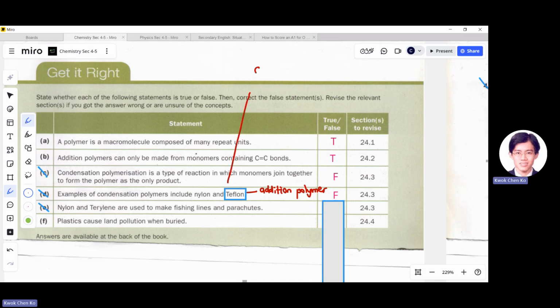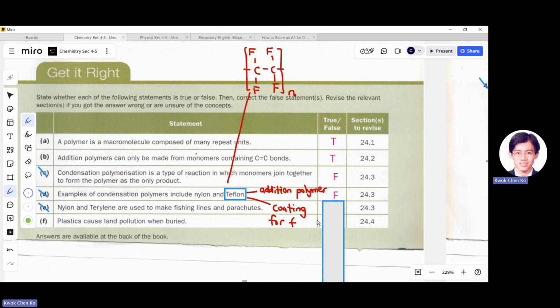Structure-wise, it looks like this. There's Teflon, and where can you find it? It's used as a plastic coating for frying pans.